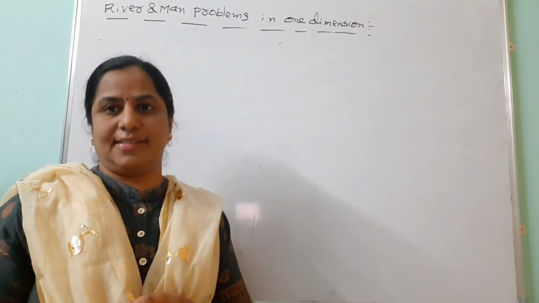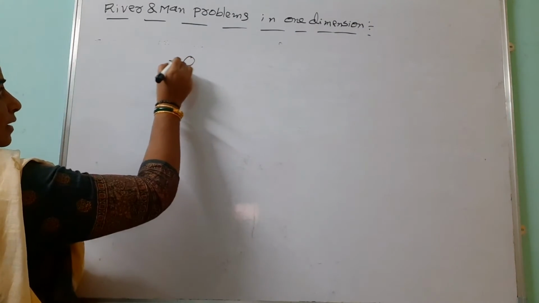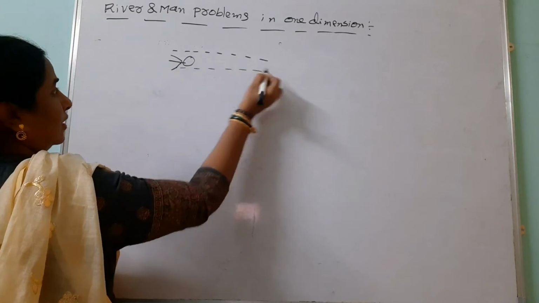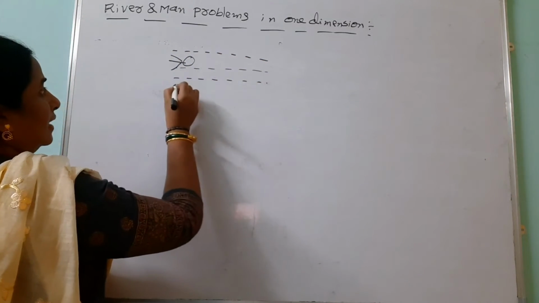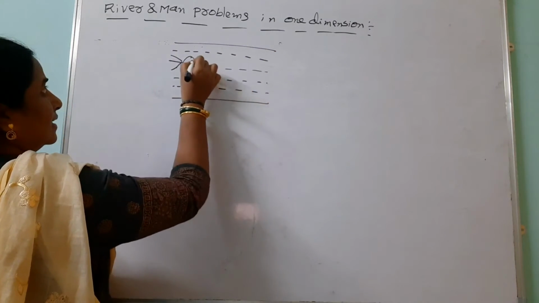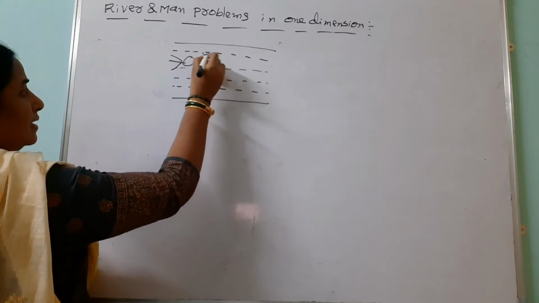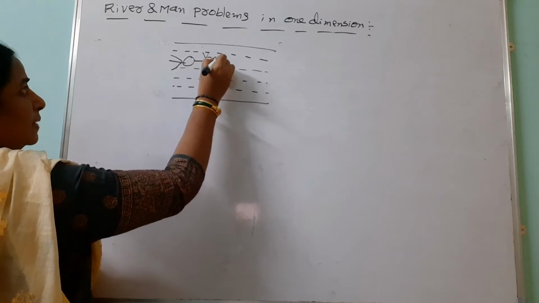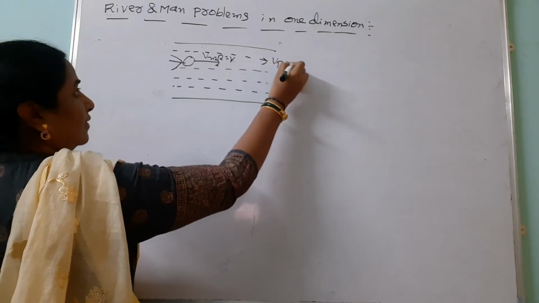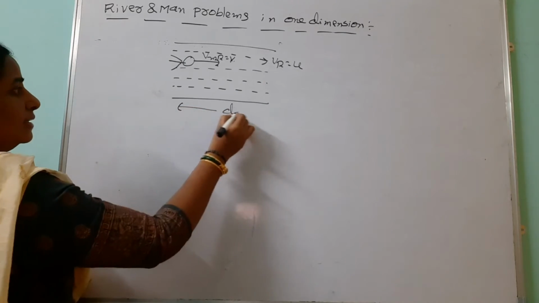More problems we are discussing here. First, the man is swimming along the direction of the river. Along the direction of the river, he travels a distance d and takes t1 seconds. V is the velocity of the man with respect to river, and U is the velocity of the river, and he covers distance d.